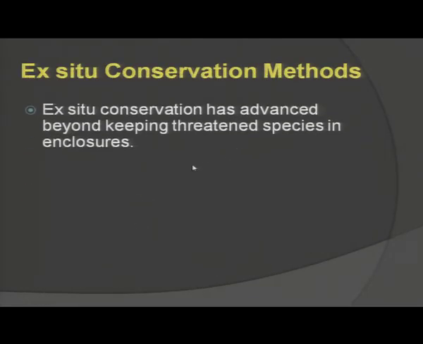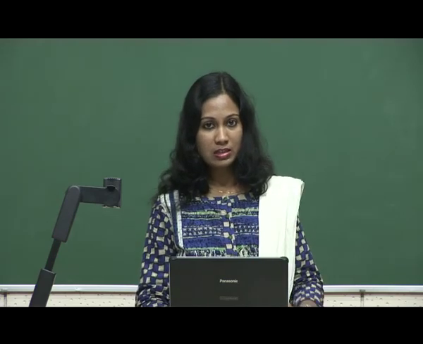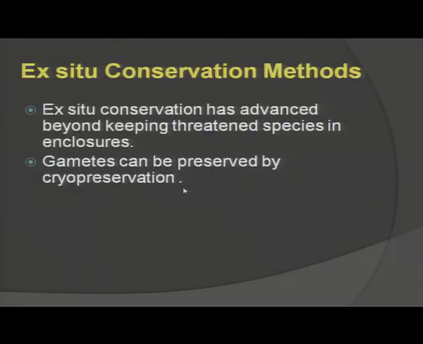Ex situ conservation recently has also advanced beyond keeping threatened species in enclosures. Earlier, ex situ conservation referred only to keeping them in enclosures, in cages or in places where there were restrictions imposed on them, but now with the advances in technology, we have developed certain newer methods for their protection.